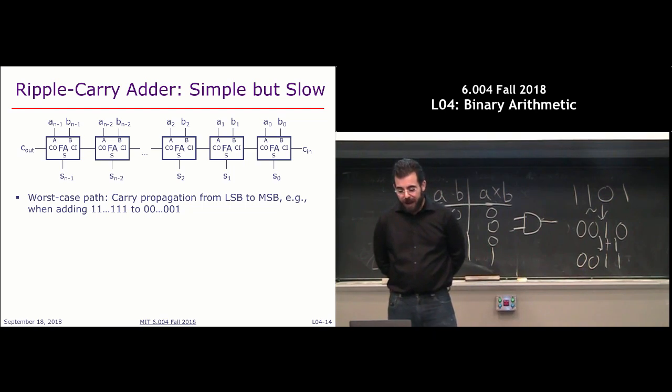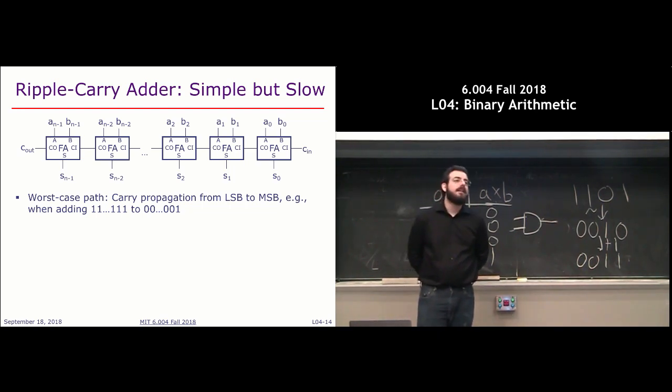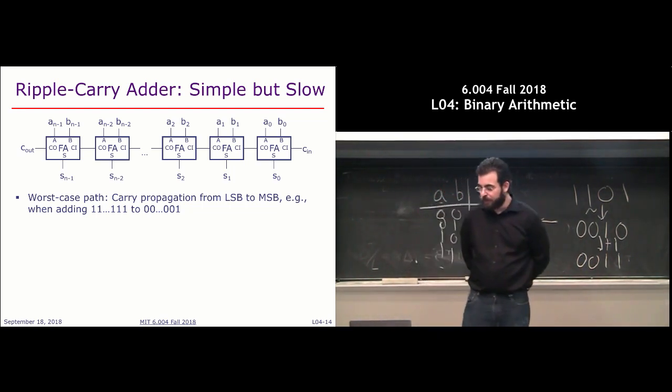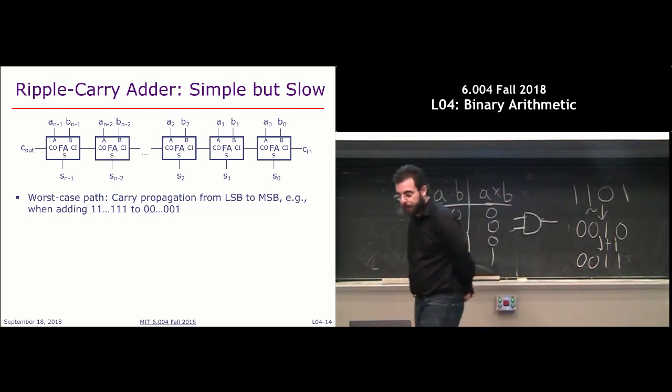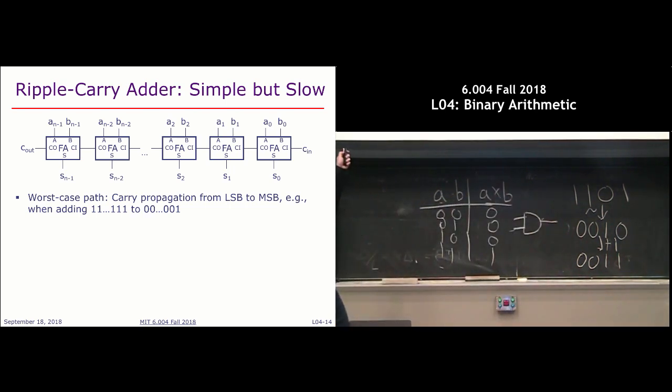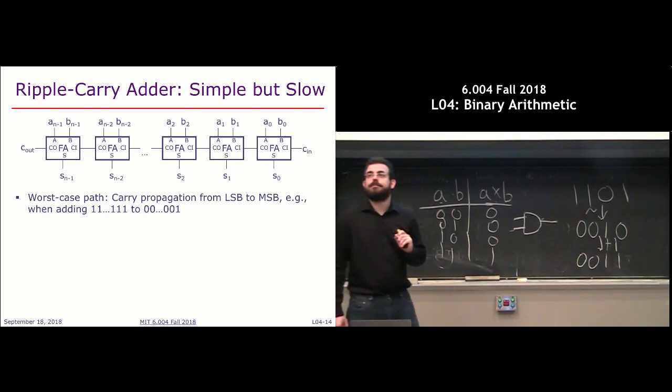And so the worst case path here can be triggered in several ways. But one possible example is, suppose that you start with all the bits of A being 1, and then all the bits of B being 0. And the carry in here is also 0.